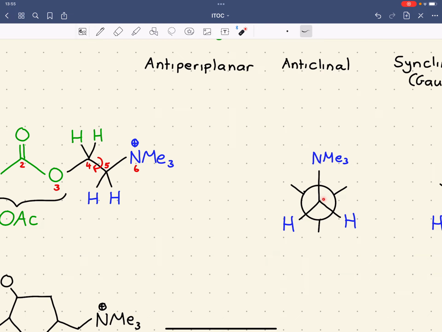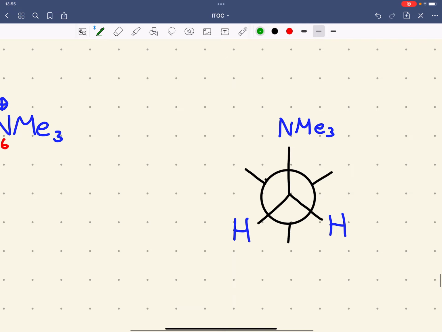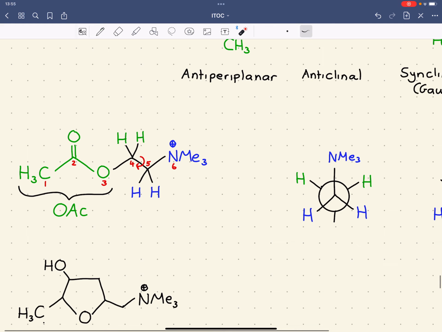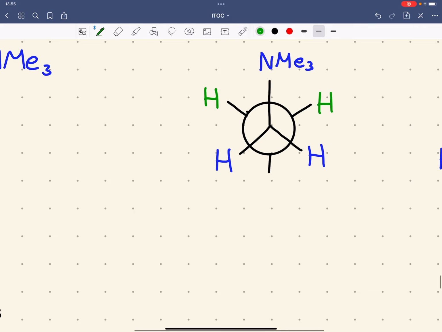And directly behind that is carbon 4, and I've got my 2 hydrogens in green, which correspond to these 2 hydrogens here. And all this group here, I'm calling an OAc, where Ac stands for acetyl. So this here would be the most stable antiperiplanar arrangement, where the bulky groups are as far apart as possible.